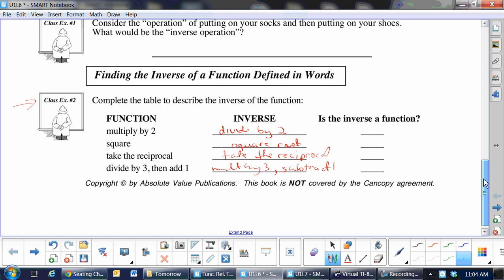And then put a big slash through that. That is the most commonly given answer. Yeah. Subtract 1 and multiply by 3.